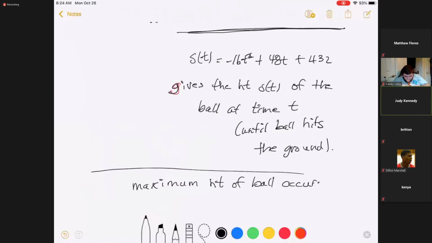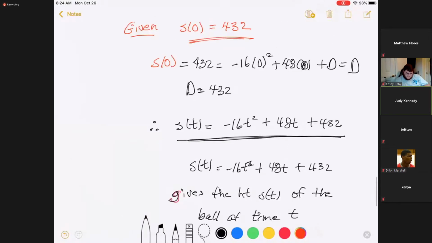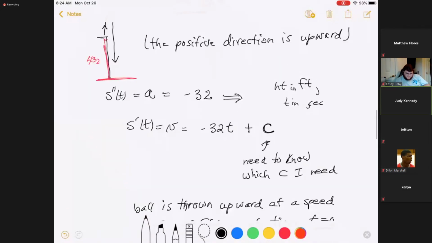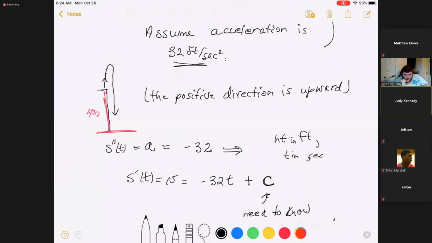That's going to occur when S prime of t is 0. And that makes sense. That's what we did with our calculus before: find a critical number. But think about what this ball is doing. Here's my diagram. You throw it up with an initial velocity of 48 feet per second. So it's going up, up, up, but gravity's pulling on it and trying to make it come down. As it goes up, it slows down.